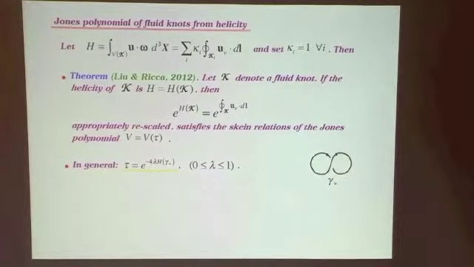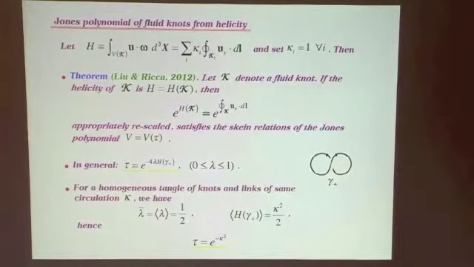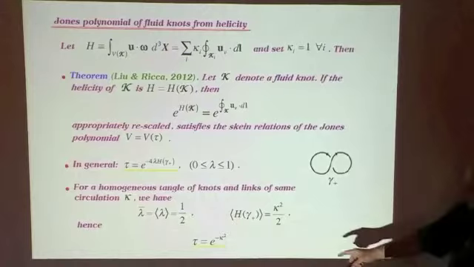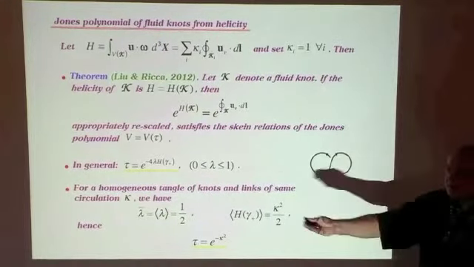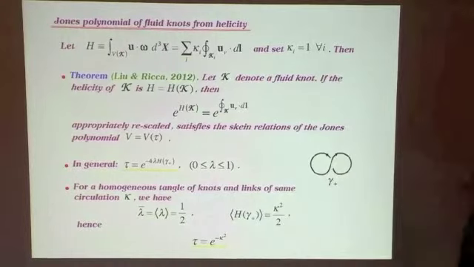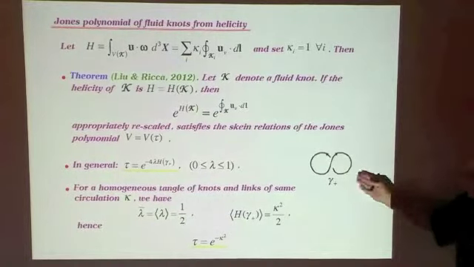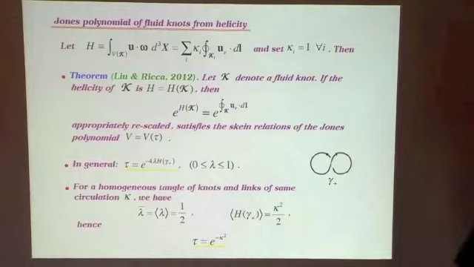So if we assume homogeneity of the tangle and also the same circulation for all knots and links, we can come up with this simplified assumption. Lambda bar is, say, a half, between 0 and 1. And the helicity of this structure is, let's say, a half k squared.